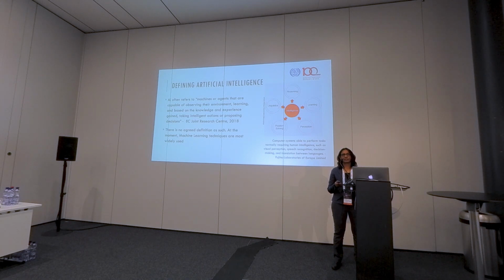Now, if you look at the literature, there is absolutely no agreed definition. And when you dig quite deep, you find that it's machine learning techniques that are actually used.